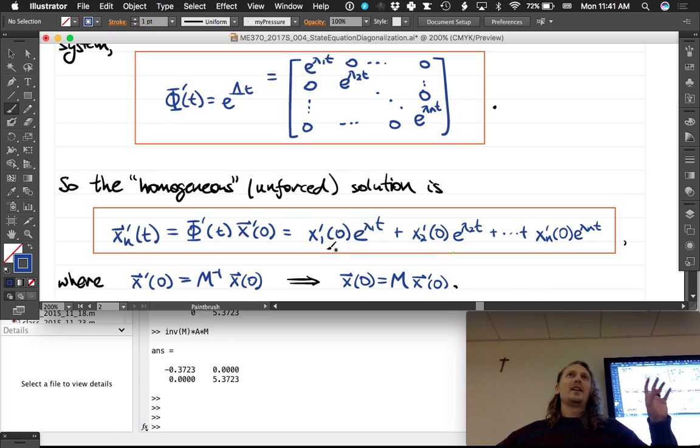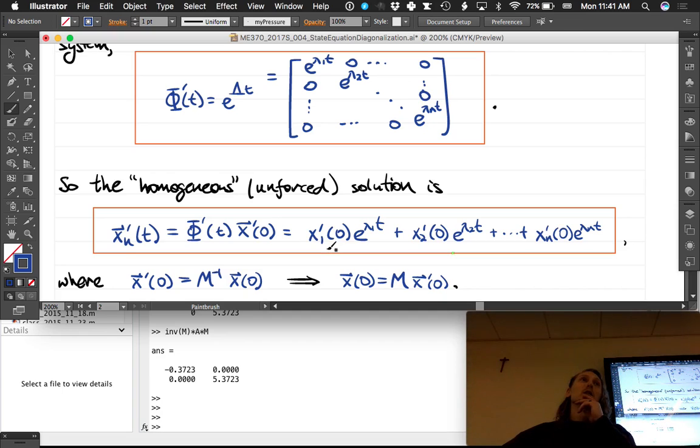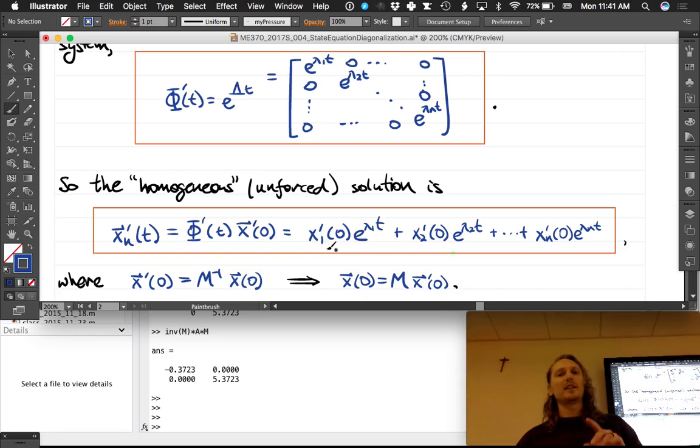If they had positive real parts, they contributed an expanding exponential, so it was unstable, and then there was the marginally stable case with 0 real part. So that still holds true. Lambda here, if it has a positive real part, is going to be unstable. If it has a negative real part, it'll be stable.